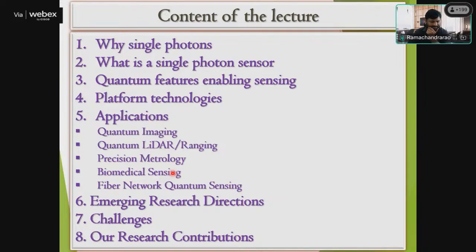Then after that, I am going to discuss the emerging research directions at the state of the art, how to push in future, and what challenges exist. Making a single photon sensor is not that easy. Just remember that you are making only one photon sensor.